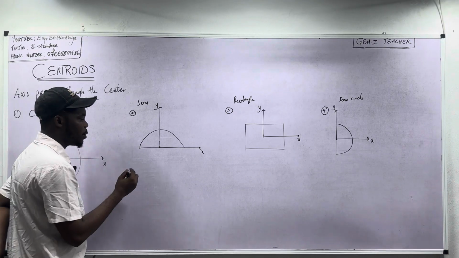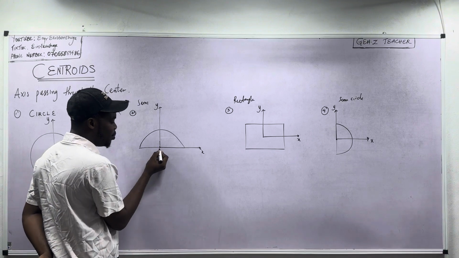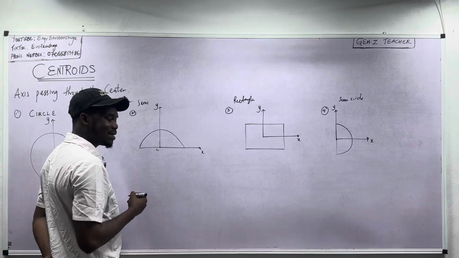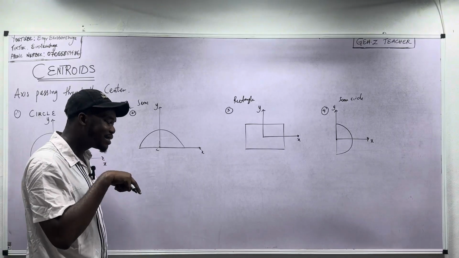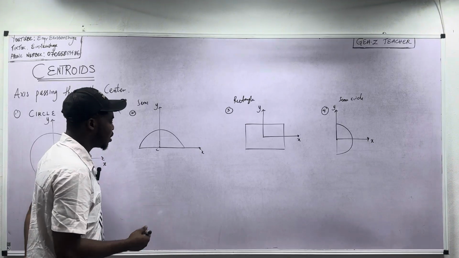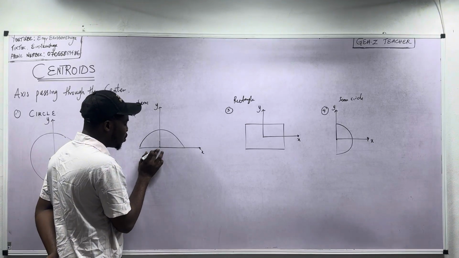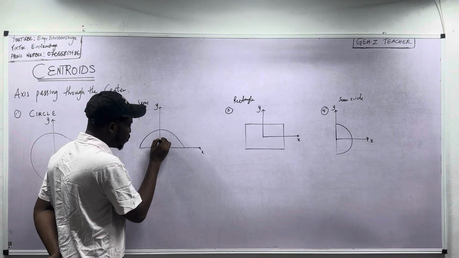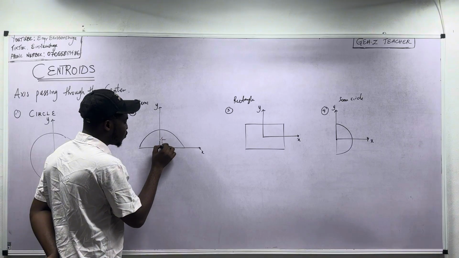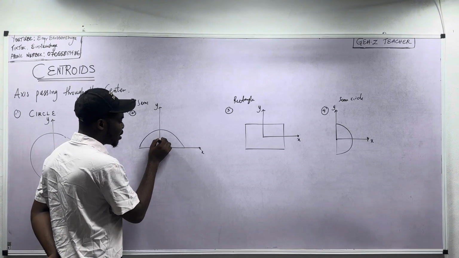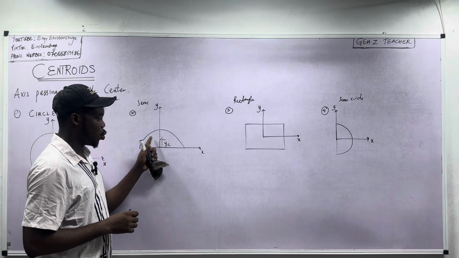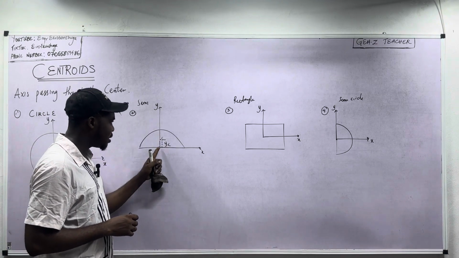Now for this shape, since it is at the middle of this base, we remember that the y-centroid is the distance from the center of the shape to the x-axis. If the shape is oriented this way, the center should be somewhere around here. We can find the y-centroid, but we cannot find the x-centroid, because the x-centroid would be from the center to the y-axis, and the y-axis is at the center.